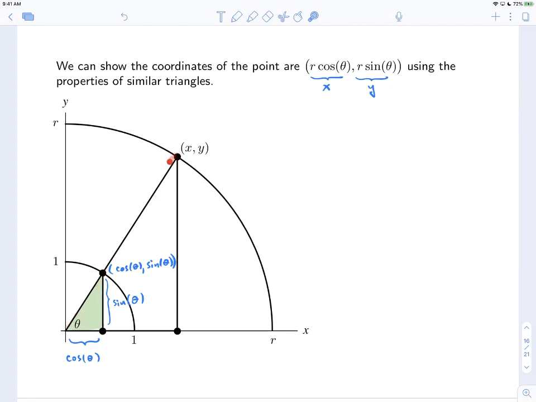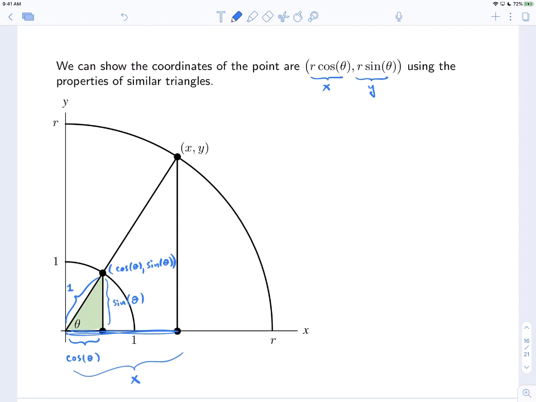Now, the hypotenuse of the big triangle is r, because that's the radius of the circle, and the hypotenuse of the smaller one is 1. So the smaller hypotenuse here has length 1. So if we want to determine, say, the value of x, and the value of x is the length of the base of the larger triangle.